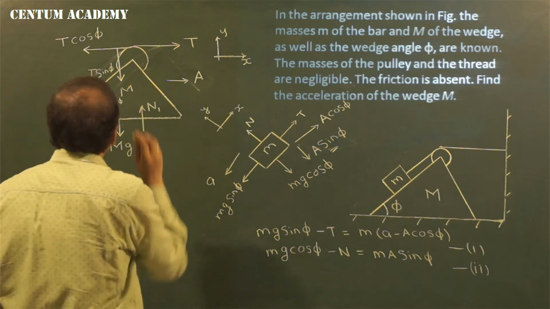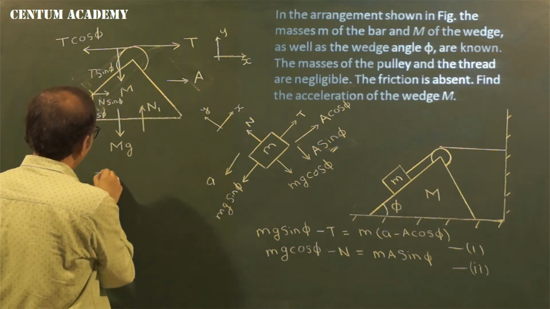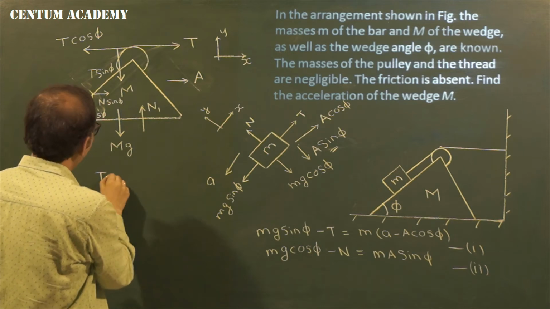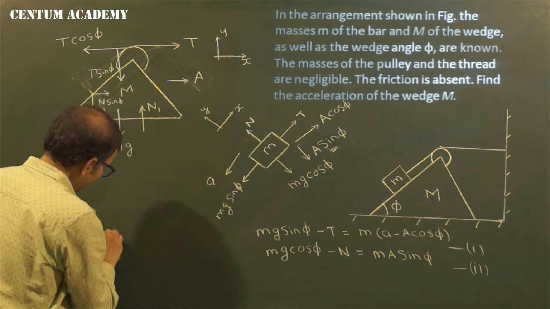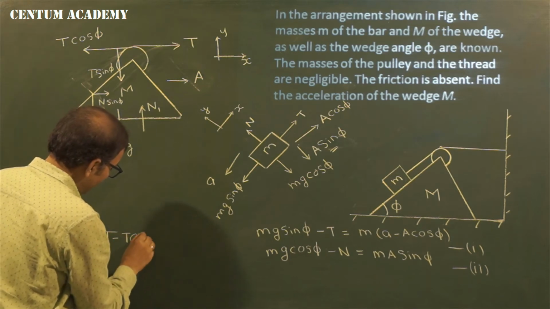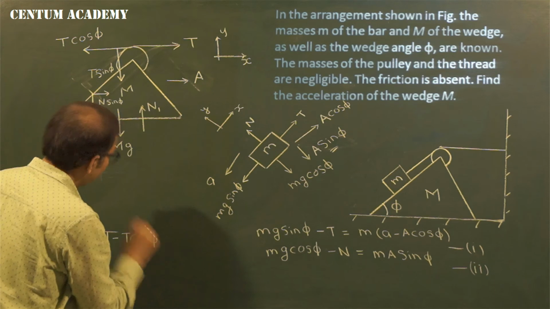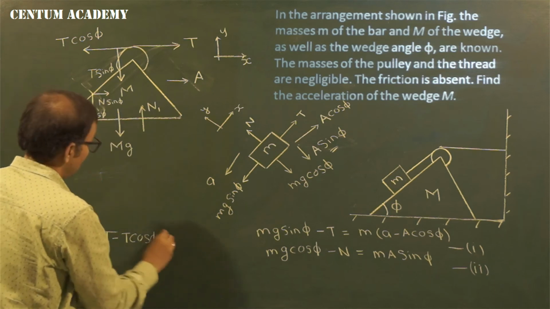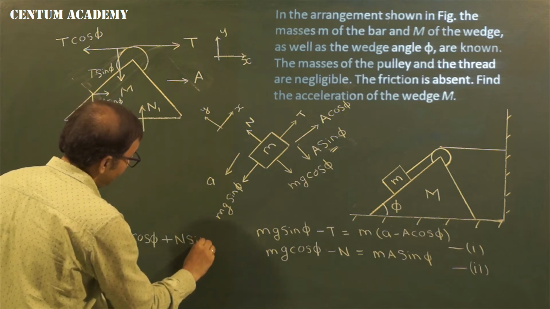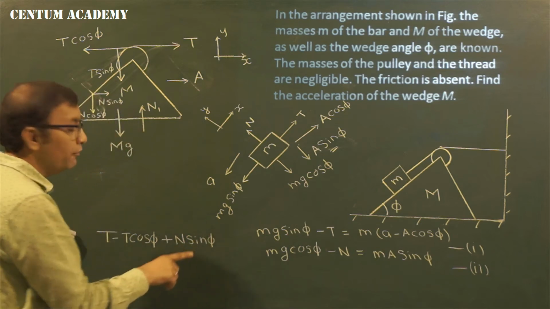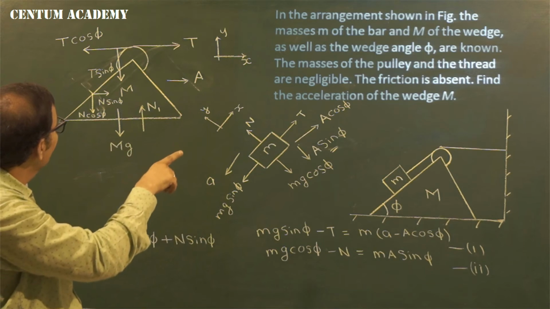Now all the forces and acceleration are aligned in either x or y direction. So let us write down the equation for that. It will be T minus T cos phi plus N sin phi. This is the total force along the x-axis, right?